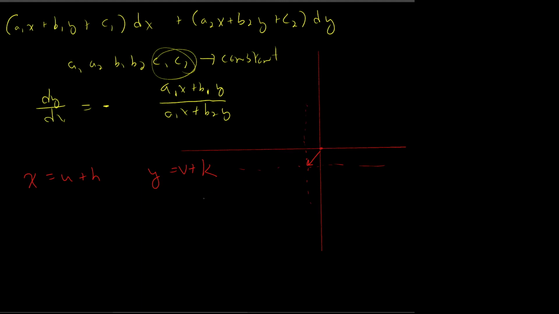And what happens is, if we put this in through here, we get a system of equations where A1h plus B1k plus C1 equals 0, and A2h plus B2k plus C2 equals 0.